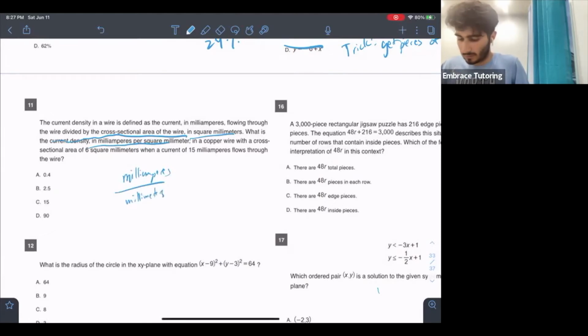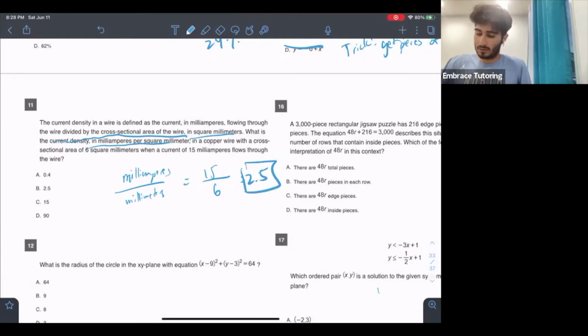In a copper wire with a cross-sectional area of 6 square millimeters, when the current is 15 milliamperes, 15 milliamperes divided by 6, you can use a calculator, is 2.5, because it tells you what it is over. It's the milliamperes over the square millimeter. So you get 2.5 as your density, which is choice B.